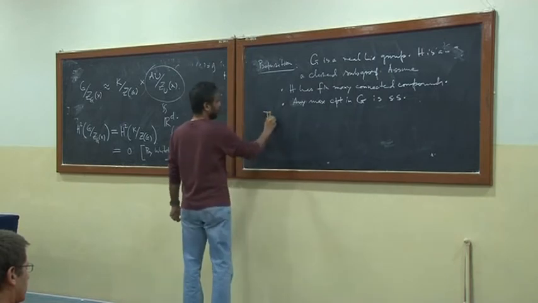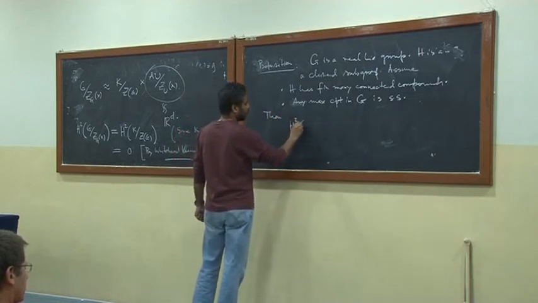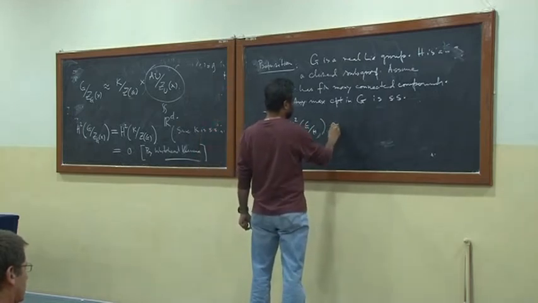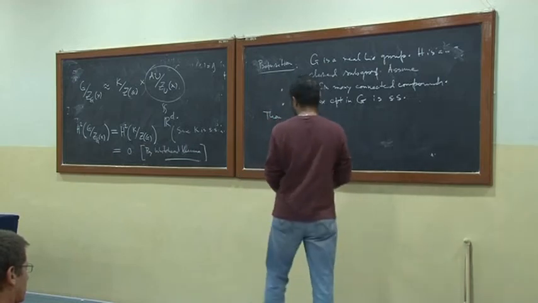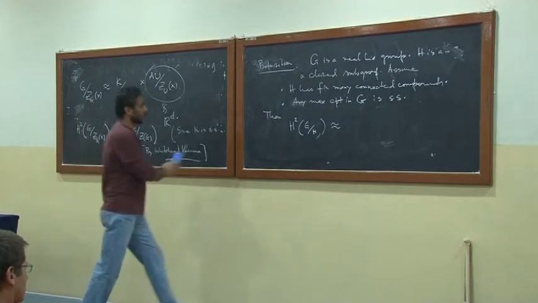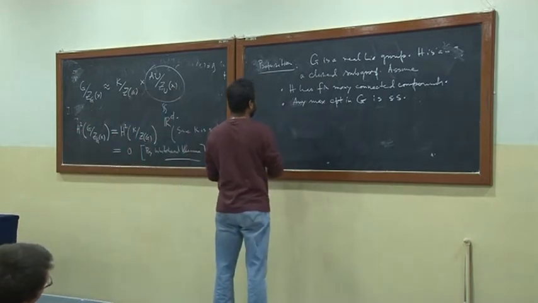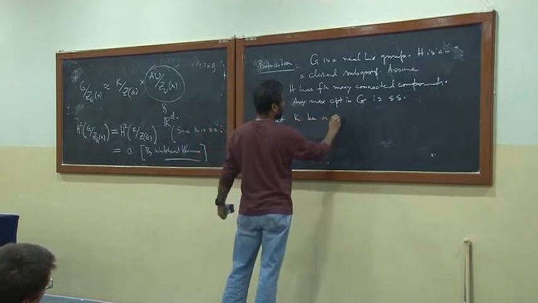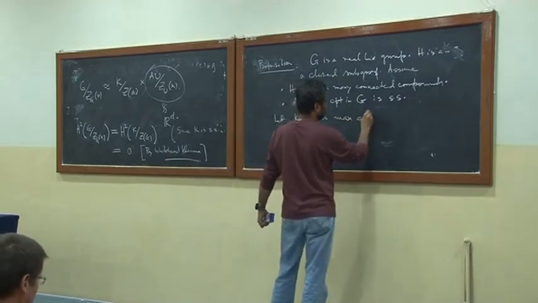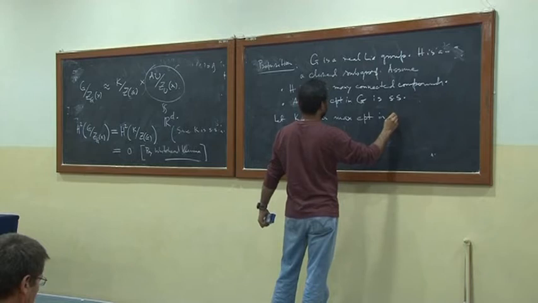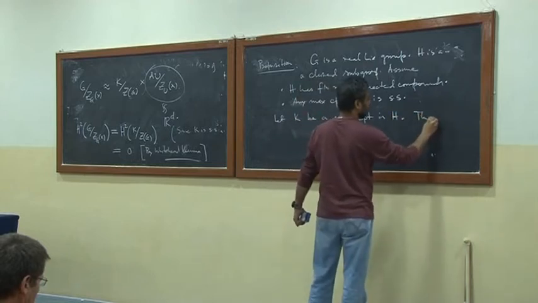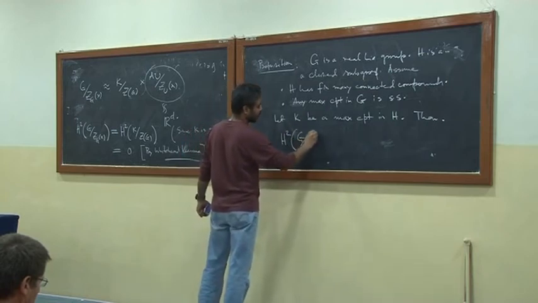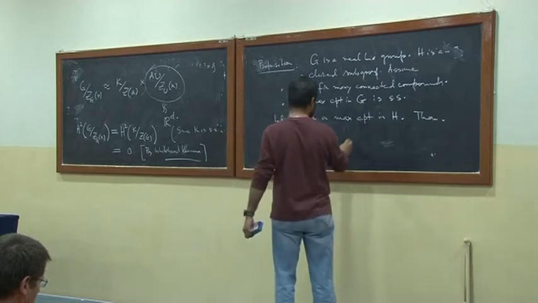Then H2 of G mod H has a natural isomorphism. Let me set up another notation: K is a maximal compact of H. Then H2 of G mod H has a natural isomorphism between these two vector spaces.